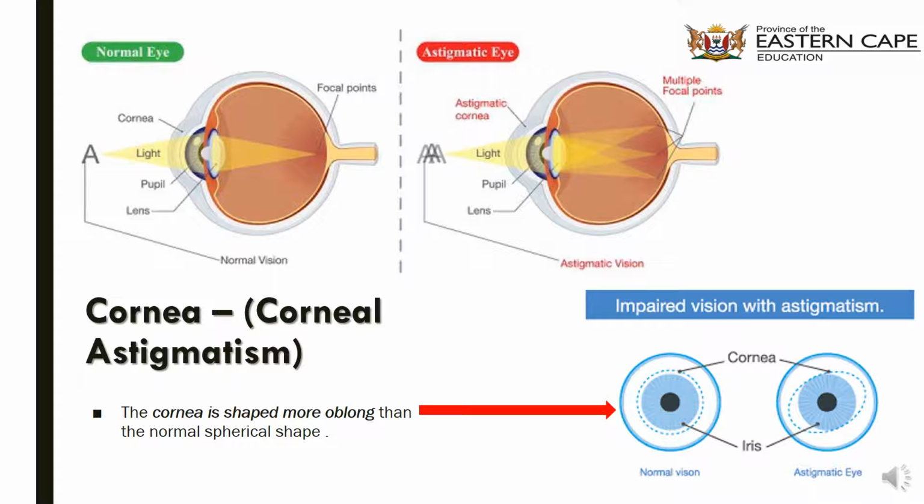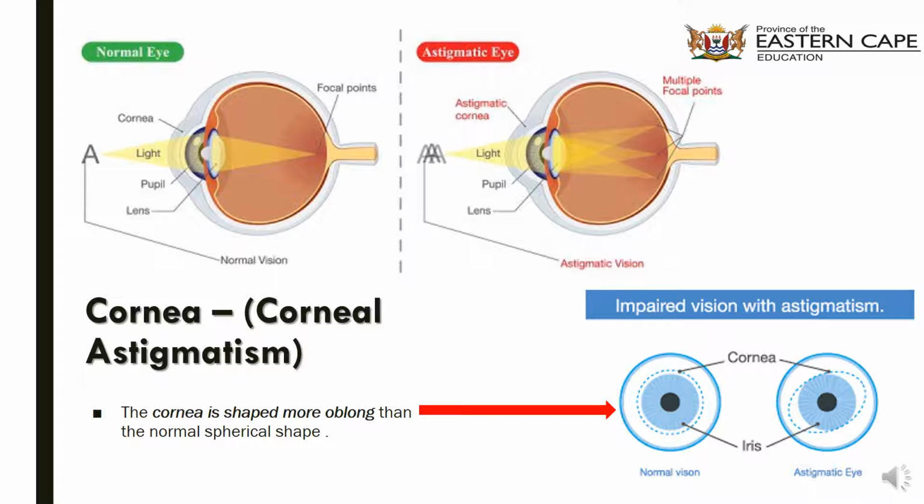So ideally, if we look here, for normal vision, the cornea is shaped like a soccer ball, I would say. It's spherical. However, when you suffer from astigmatism, the cornea is going to be oblong. It is shaped like a rugby ball. And that has an effect on where your image is going to be projected. The light rays are going to fall, as we said, in 2 places and not one. So once again, look at the top diagram here.